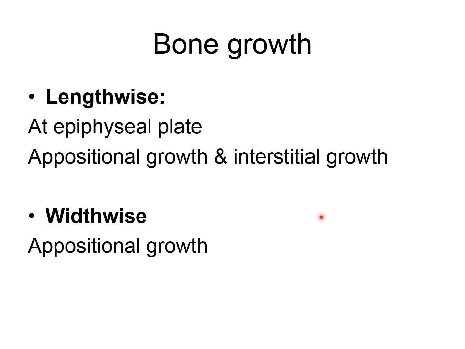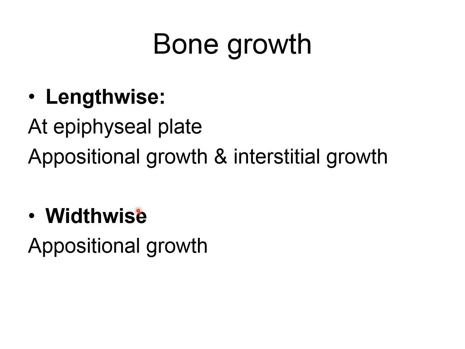And interstitial growth is by dividing cells that are already present within the tissue. So these cells divide and the bone or cartilage grows in size, and later on ossification occurs.